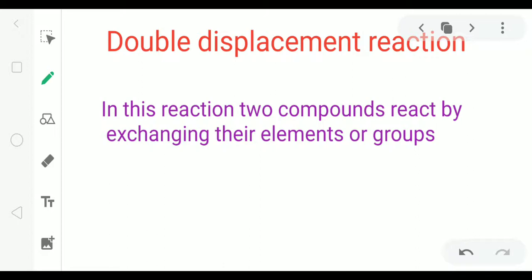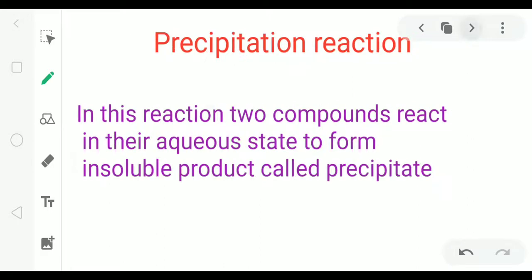Double displacement reaction. In this reaction, two compounds react by exchanging their elements or groups. It is of two types, precipitation reaction and neutralization reaction. In precipitation reaction, a precipitate is formed.